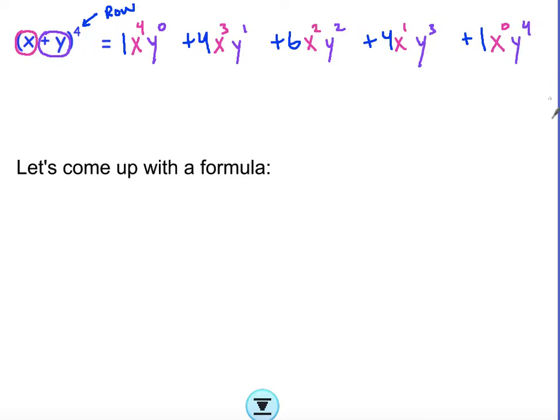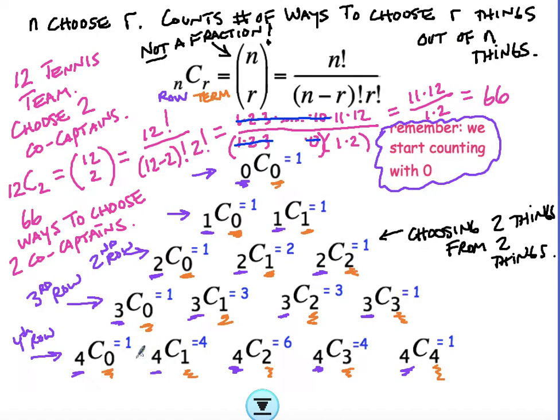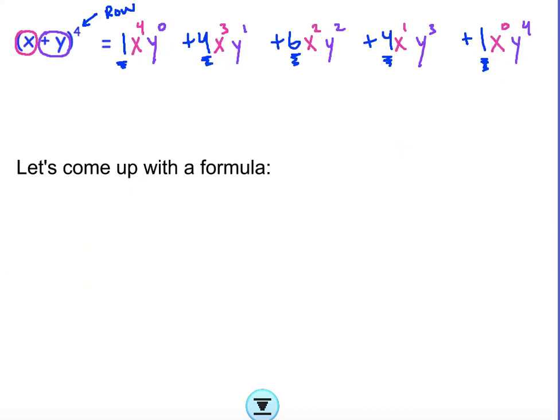Okay, now for the purposes of writing a formula, what I want to do is I want to take these leading coefficients in blue here, and I want to write them in terms of n choose r. So let's go back a page. When we were in the fourth row, it was 4 choose 0, 4 choose 1, 4 choose 2, 4 choose 3, 4 choose 4.